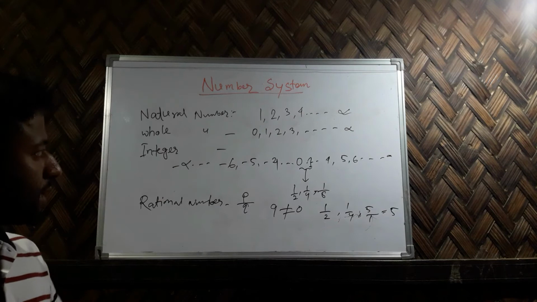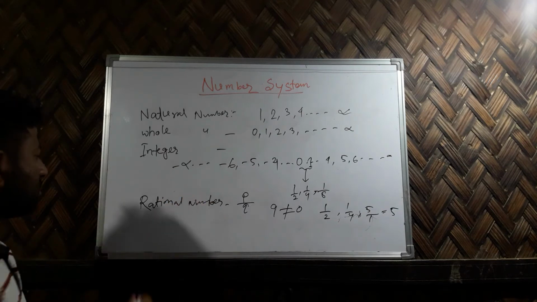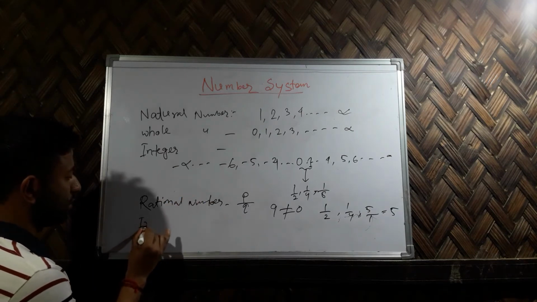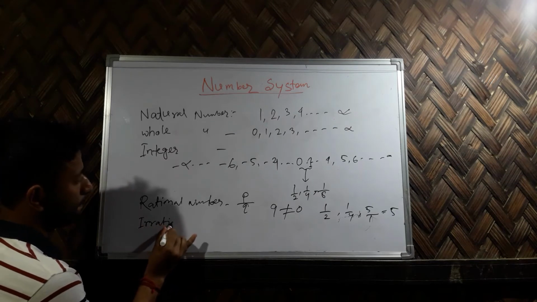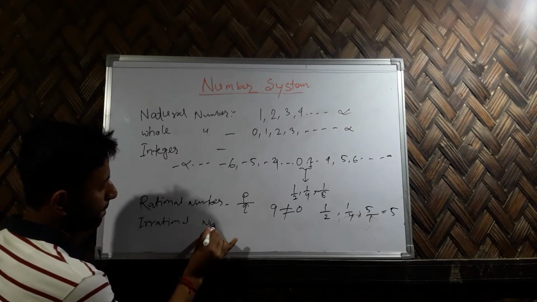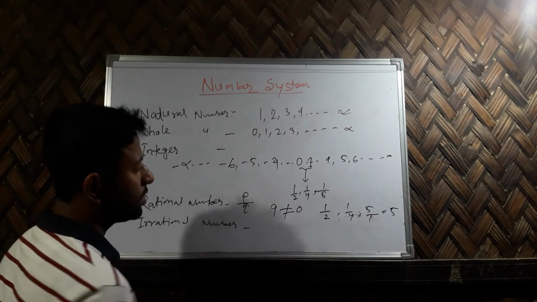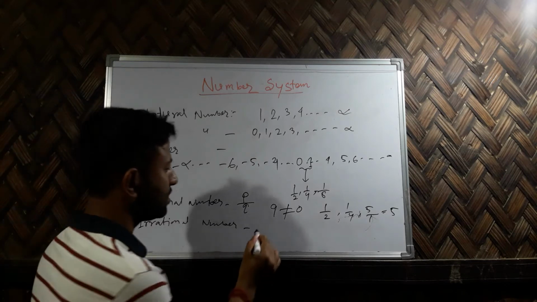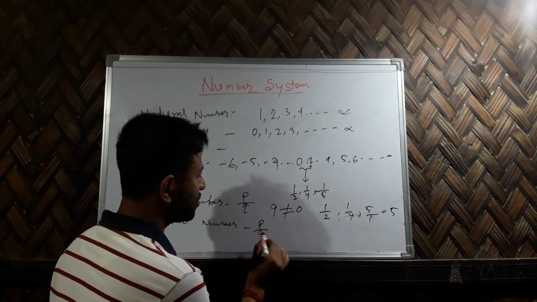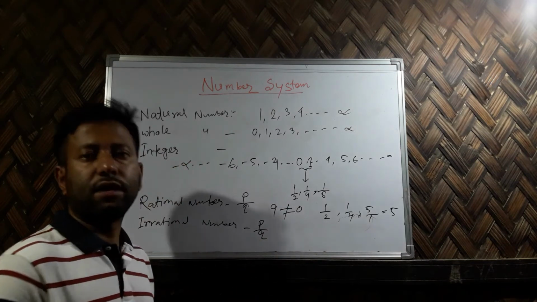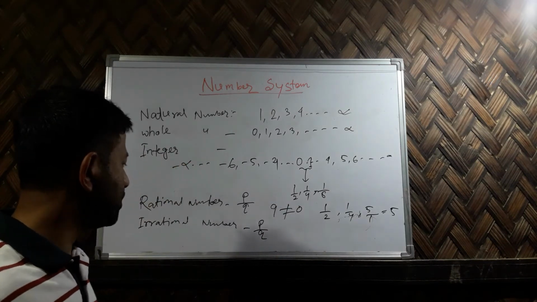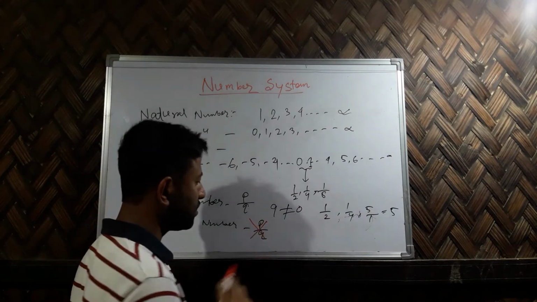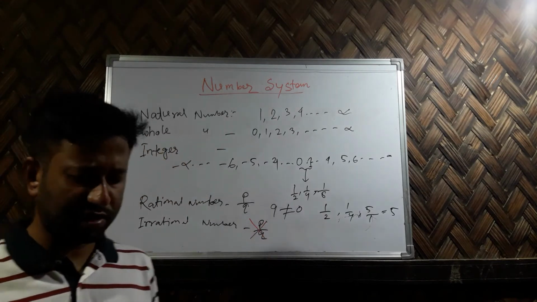Now there are some other numbers also. These are known as irrational numbers. What is an irrational number? It is a number which I cannot express in the form of p by q. That is not possible. Then this number is known as an irrational number.